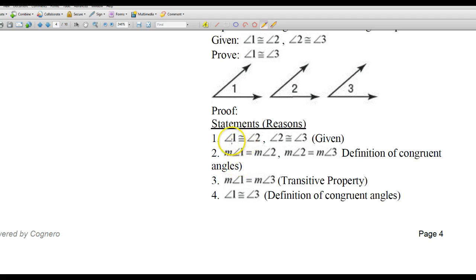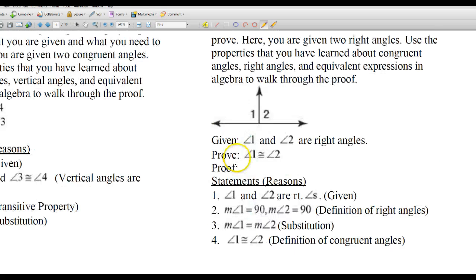So, if angle 1 is congruent to angle 2, then the measure of angle 1 is equal to the measure of angle 2. If angle 2 is congruent to angle 3, then the measure of angle 2 is equal to the measure of angle 3. Once again, that is the definition of congruent angles. That is our reason for that part.